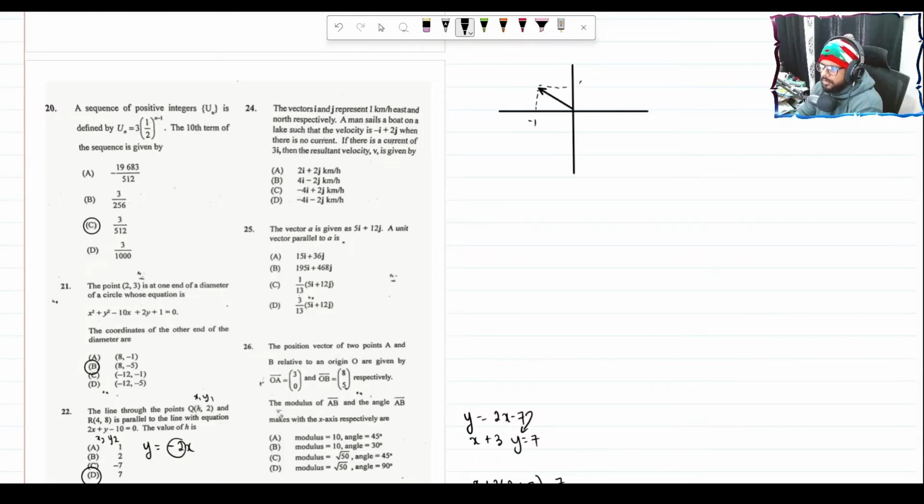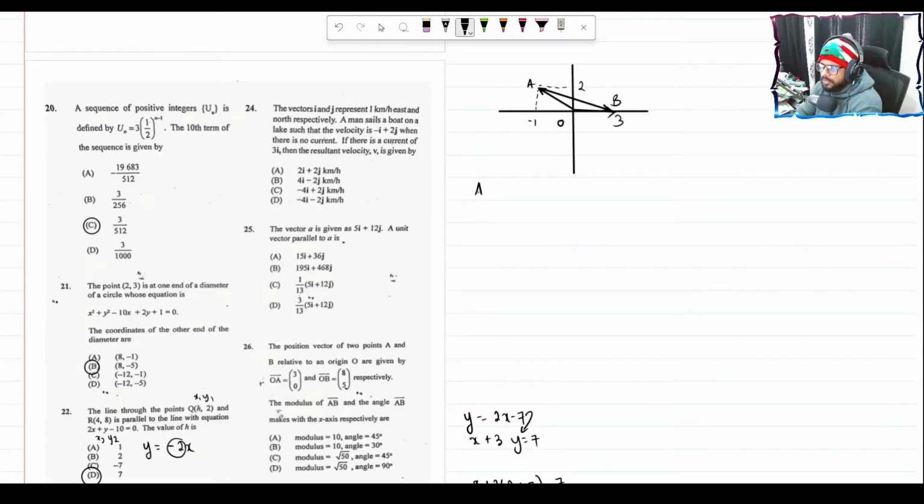-1 and 2 when there's no current. If there is a current of 3i, then the resultant velocity v is given by, so we want the resultant vector. If I have the next vector being 3i is here. We want this resultant vector here from my understanding of the question. Let me say this is OAB.